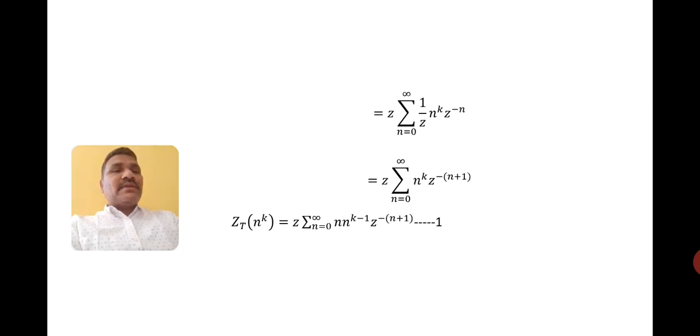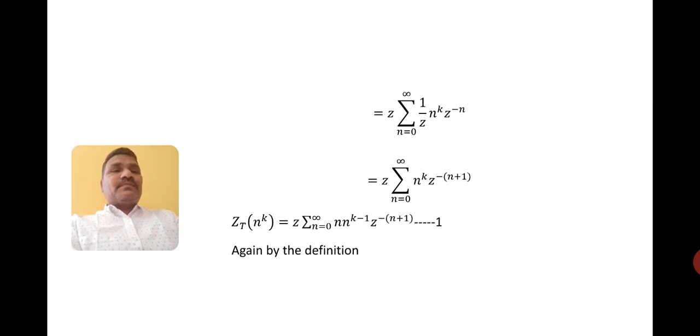The n to the power k is already there, and I write minus 1. Why minus 1? Because I multiplied and divided by n, therefore you will get k n to the power k minus 1, z to the power minus (n plus 1). Let me call this equation 1.